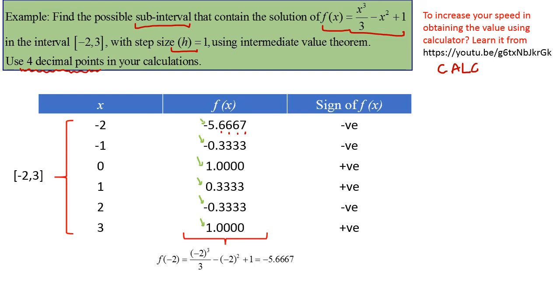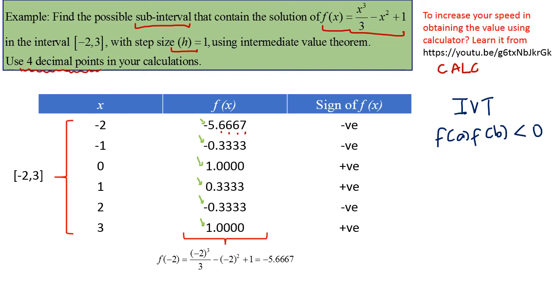So we come out with this column, and by applying the intermediate value theorem, which says that when f(a) and f(b) have different signs, or f(a) multiplied by f(b) is less than 0, then there exists at least one solution between the interval.